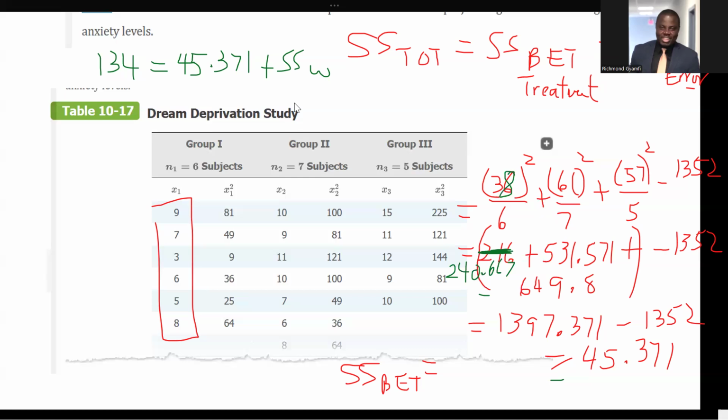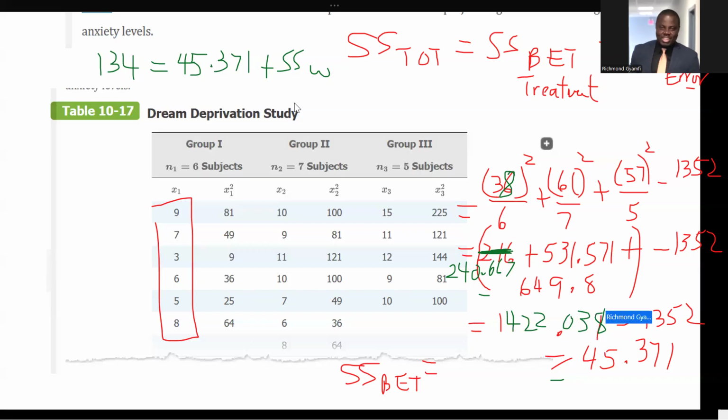All right, so let me add those together again. Plus 531.571 plus 649.8. Okay, so that gives me 1,422.038.